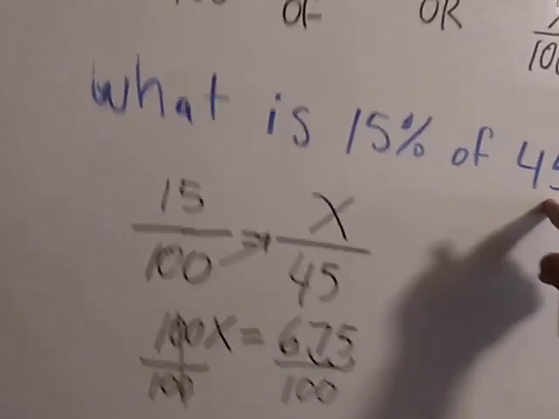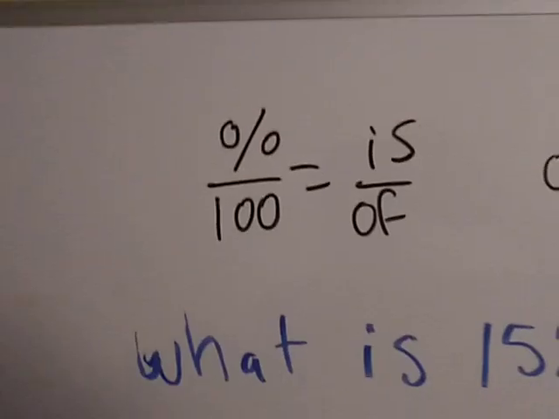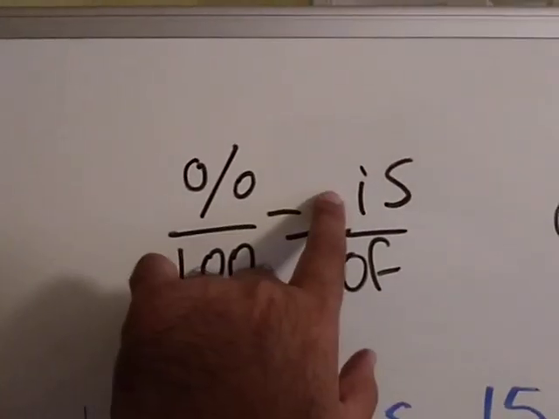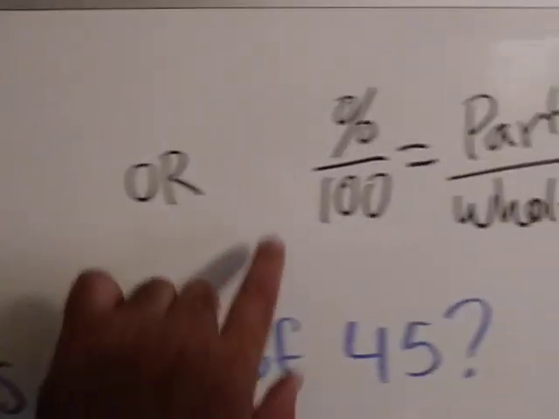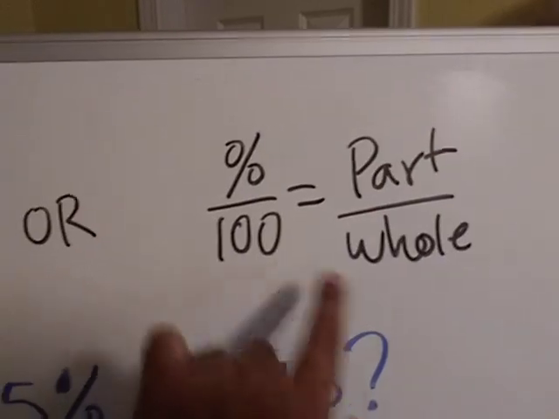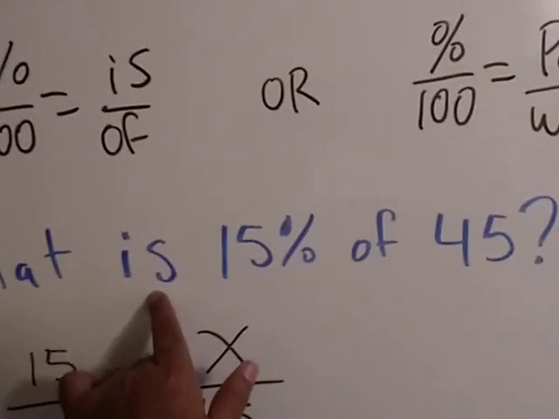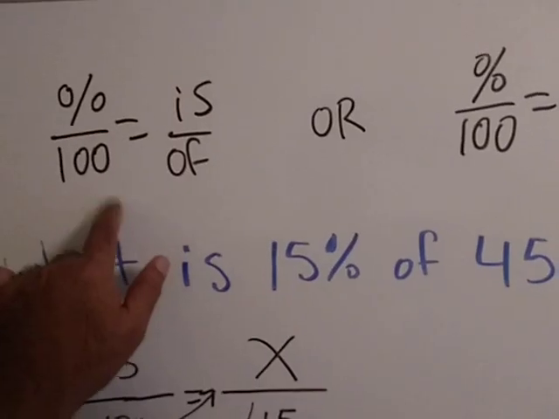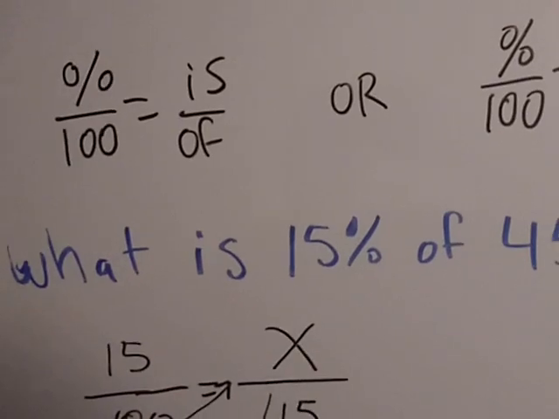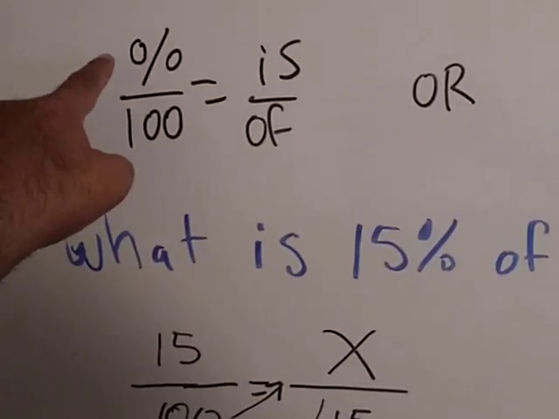Okay, so going back through the process again, first we determined which of the two formulas we were going to use. The percentage over 100 is equal to is over of, or percent over 100 is equal to part over whole. With what we're given in the question, the best option would be to use this formula, and we just plugged in the numbers. We had the 15%, which we listed where the percent symbol goes.